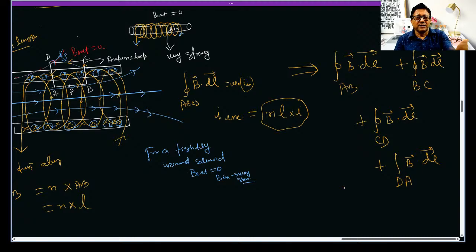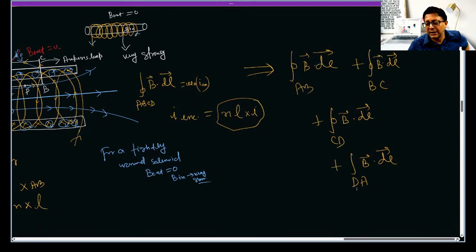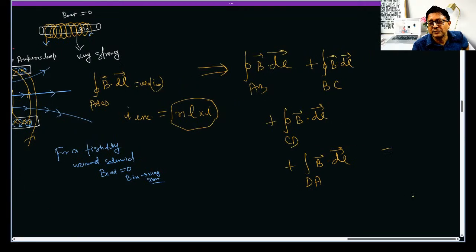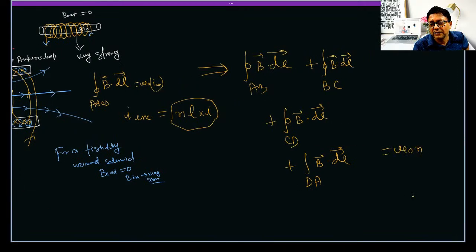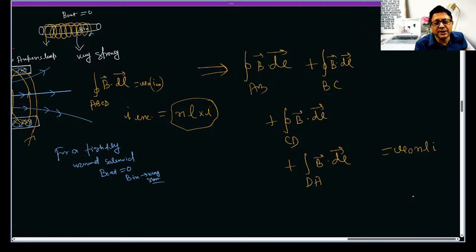You understand, for ABCD, B dot dl I have simplified. The sum is going to be mu0 NLI, isn't it? This part is clear.